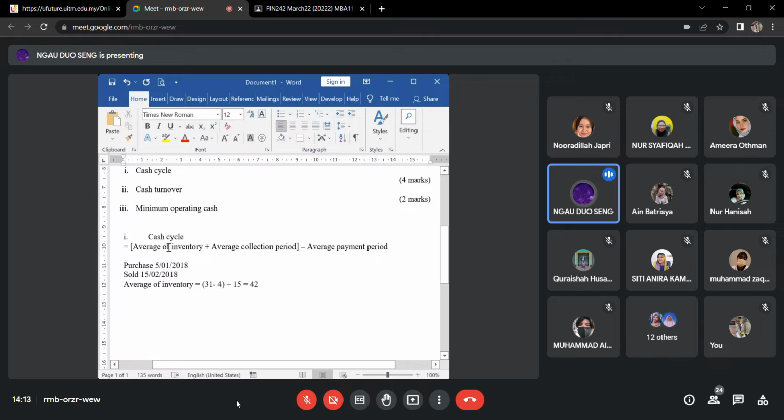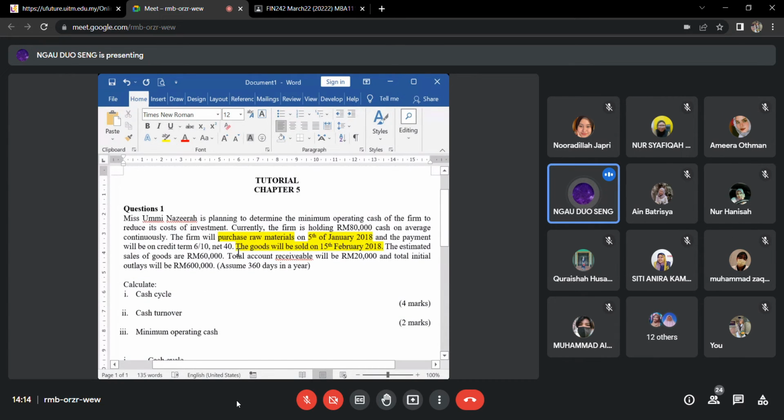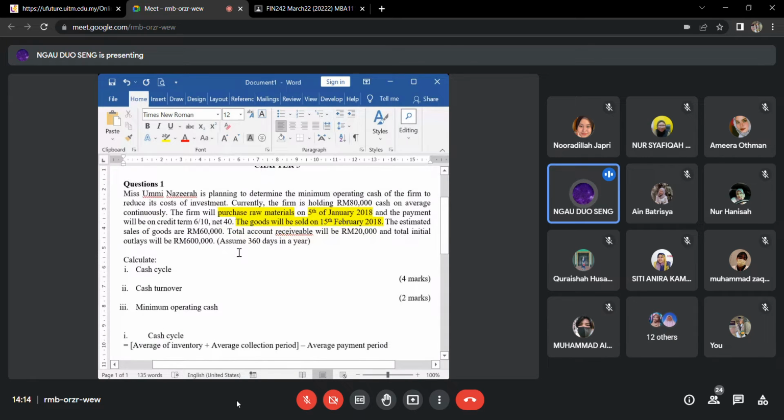Okay. After we have done the average of inventory, then we calculate the average collection period. Right, average collection period. So is it given? Yes. What have they given? They gave receivable and sales.